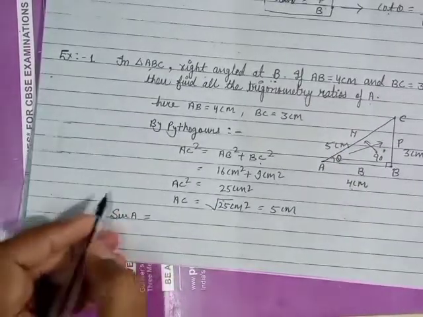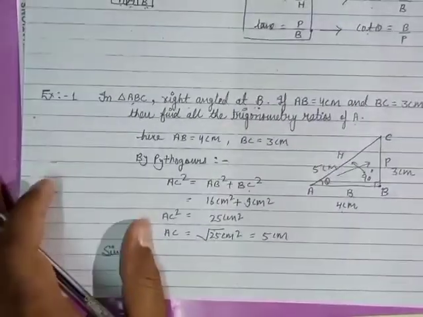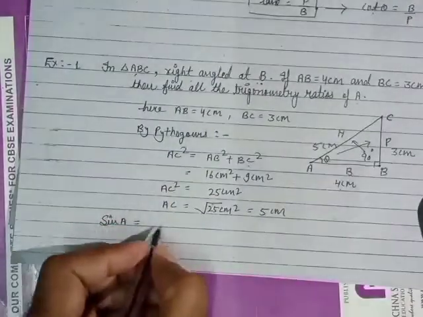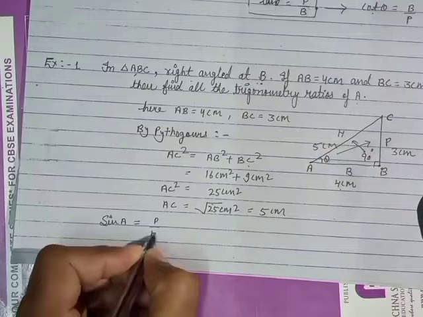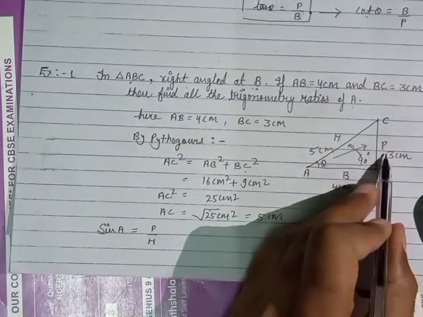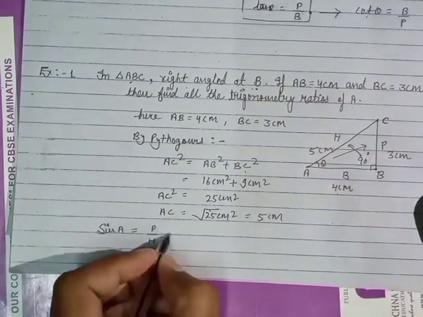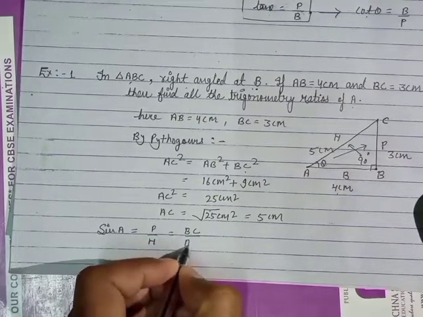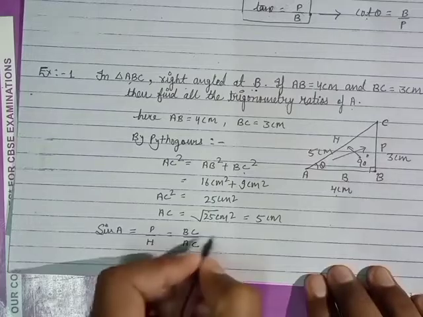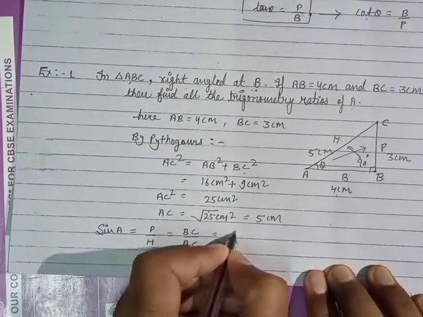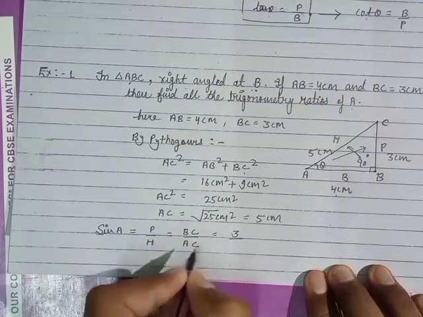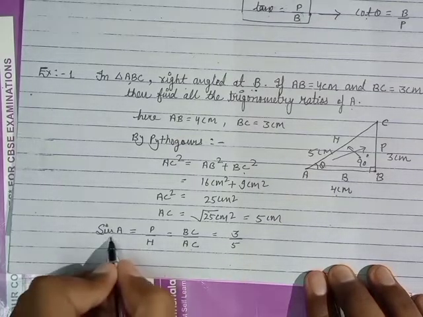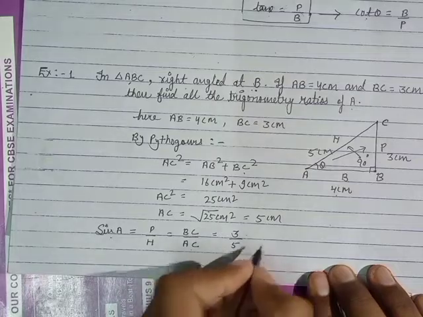So we write here sin A, and we know that sin will be perpendicular upon hypotenuse, and we know that here perpendicular is BC. Is that clear? And hypotenuse is AC. So length of BC is 3 centimeter, and length of AC here 5 centimeter. So the value of sin will be 3 upon 5.